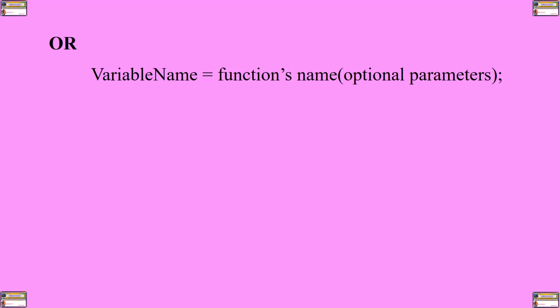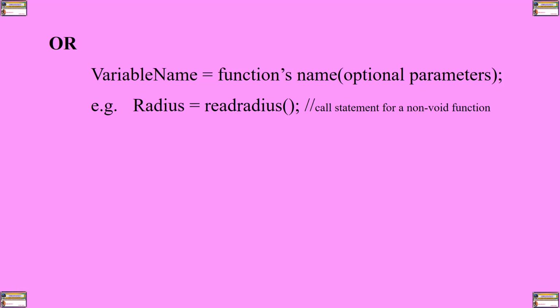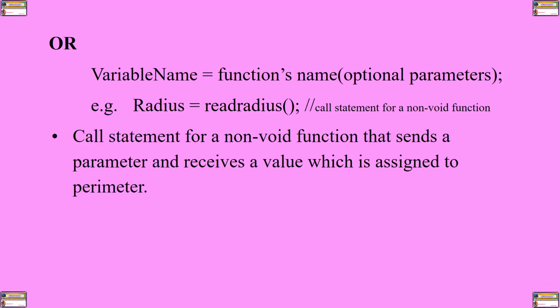And after execution, that function is supposed to return a value, and that value is going to be assigned in a memory location called variable name. For example, you can have a call statement for a non-void function like read radius, which is going to read a value from the user, and that value will be returned back to the main, and the value will be assigned in a memory location called radius.